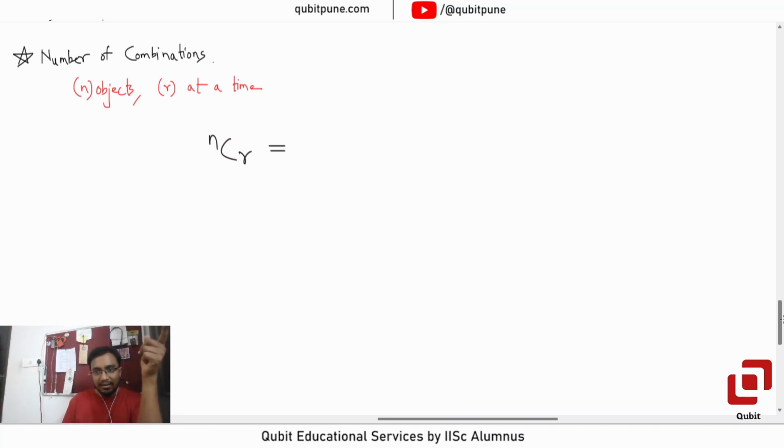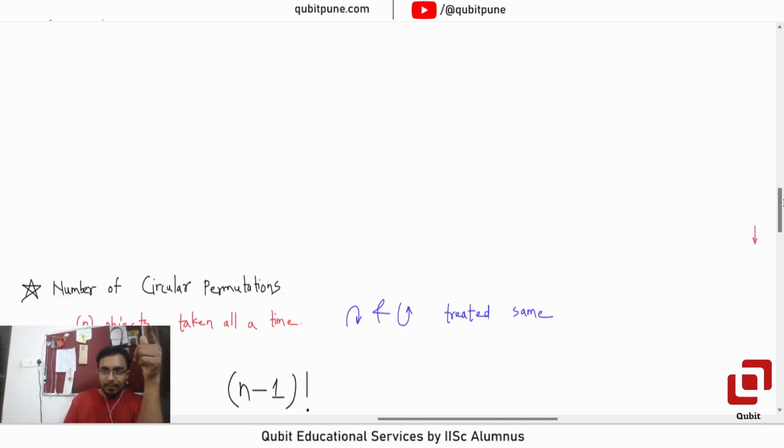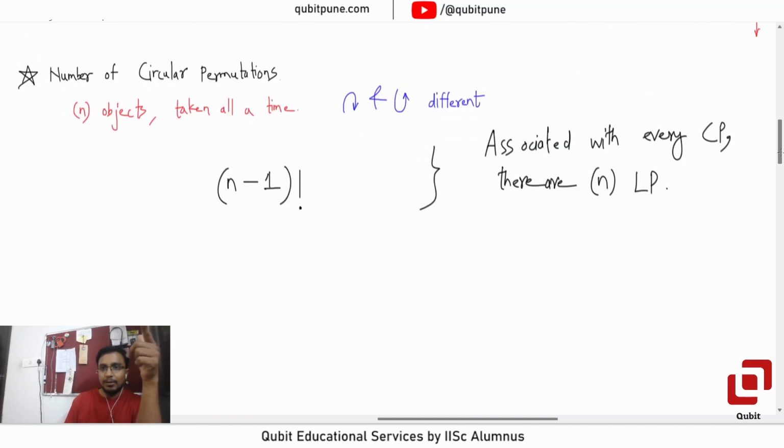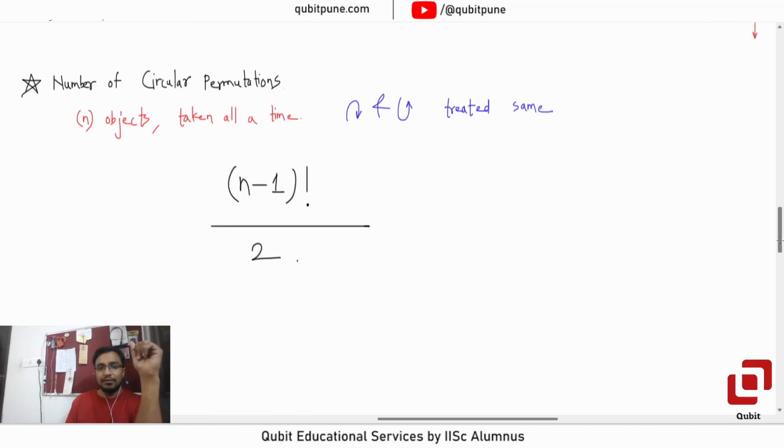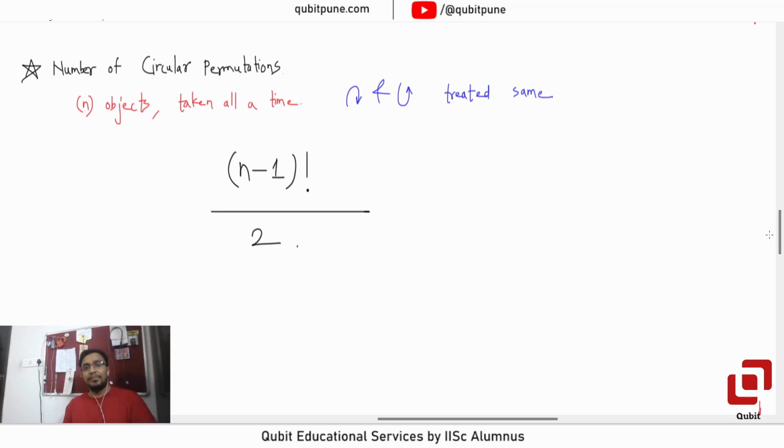Just like the statement that we made, that associated with every circular permutation there are n linear permutations, we can also make a statement here.